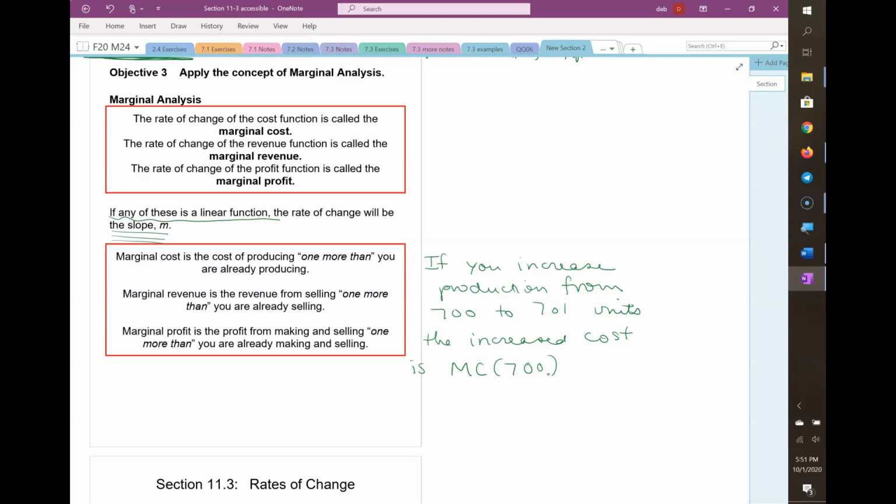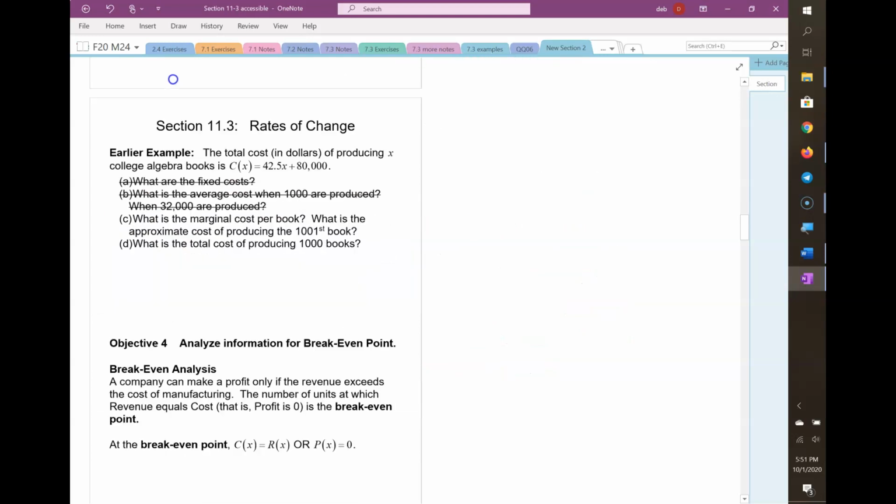And then marginal revenue is the revenue from selling one more than you are already selling. Marginal profit is the profit from making and selling one more. So it's the difference between what you were doing at 700 and what's happening at 701. That difference is the marginal quantity.